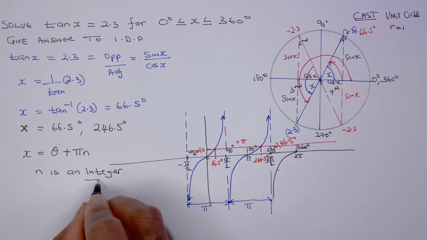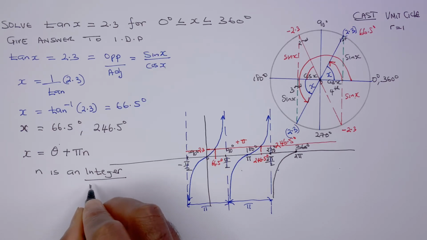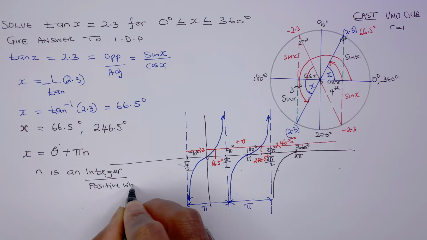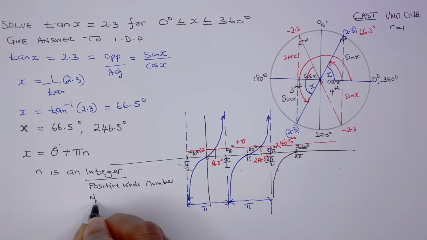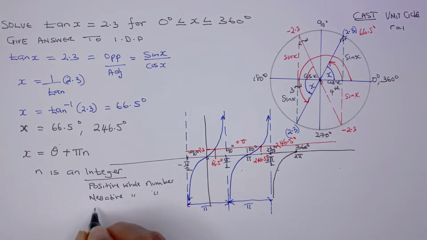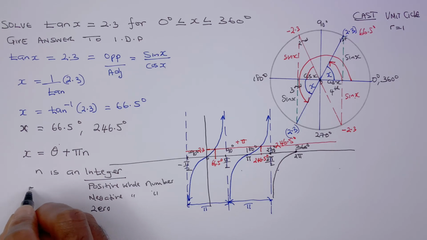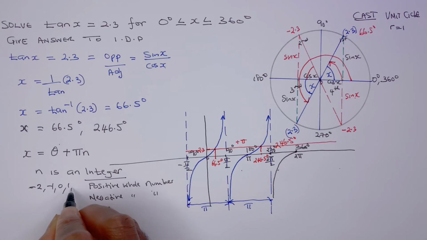Integers are positive whole numbers, negative whole numbers, and 0. So that's what integers are. So we're looking at things like minus 2, minus 1, 0, 1, 2.